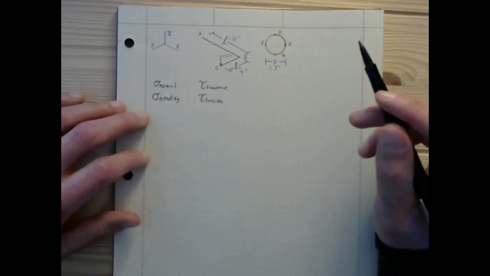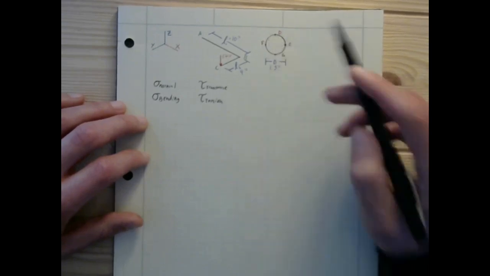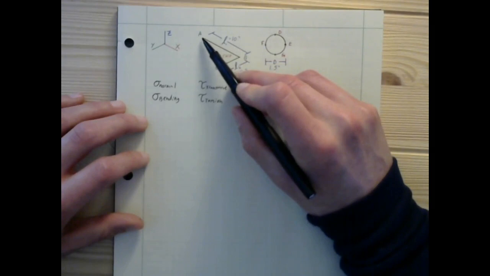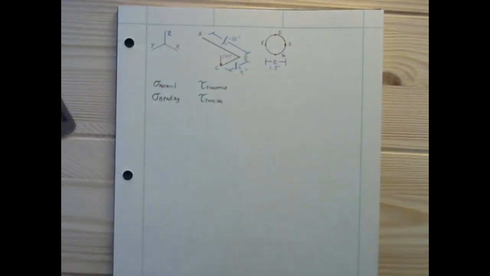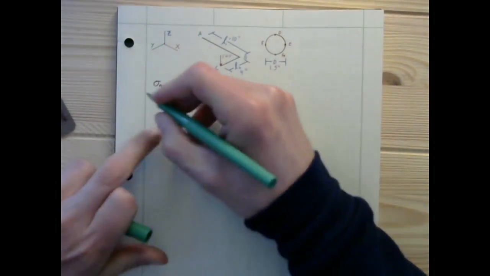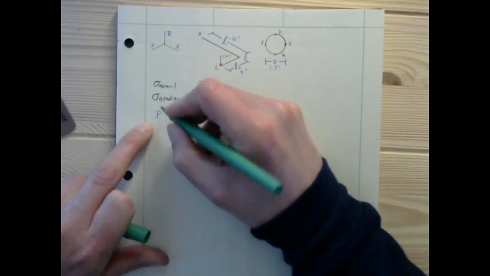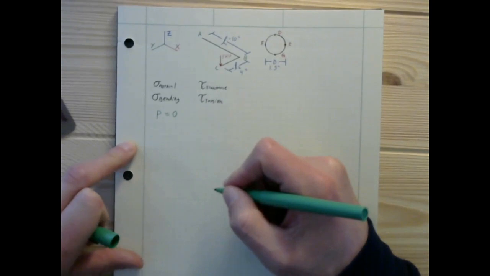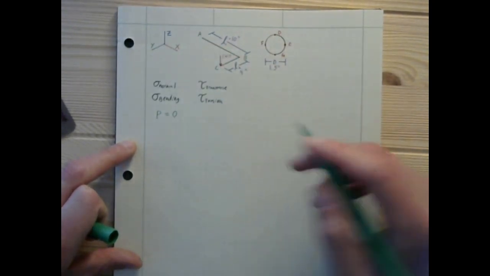So let's get to work determining things that we can use generally. Because if we are looking at point A, which is to say we're looking at this end, then we can determine that the axial load P is going to be 0. There's no axial load applied here. So we got that going for us.